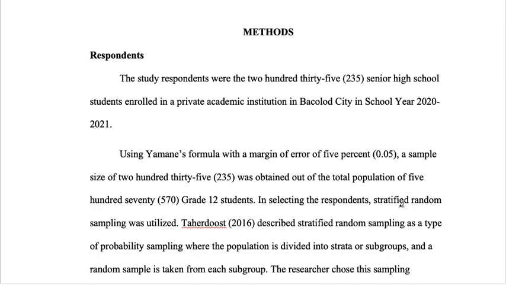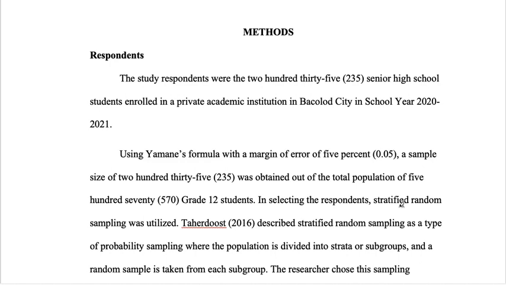So under the respondent section, class, we are to discuss the following. Number one, who are our respondents? What is the total sample size? What is the sampling procedure you have utilized? Okay? So there are three elements under the respondent section of the research methodology.